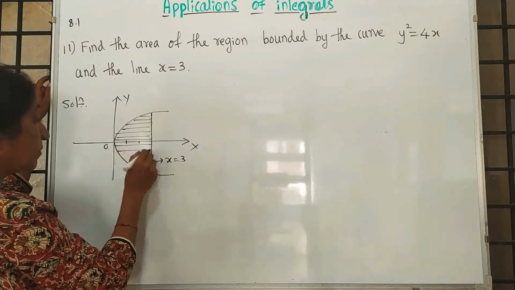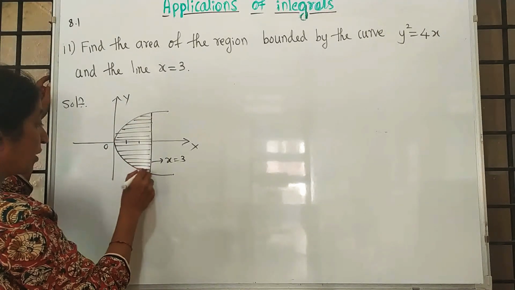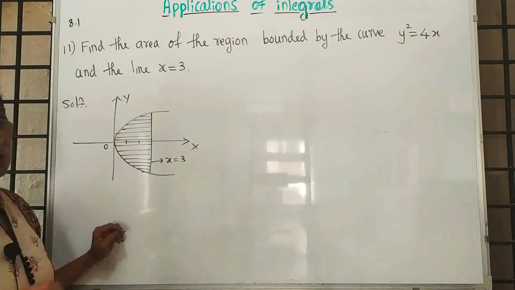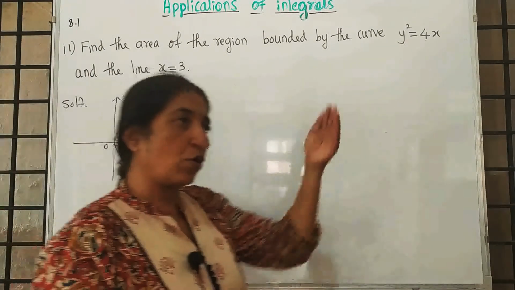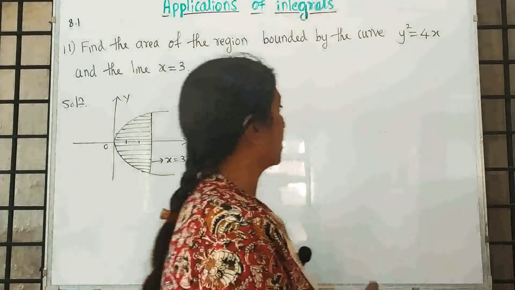They have not mentioned the x axis or the first quadrant, which means we have to calculate the whole part. And you know that the area is symmetric about the x axis.